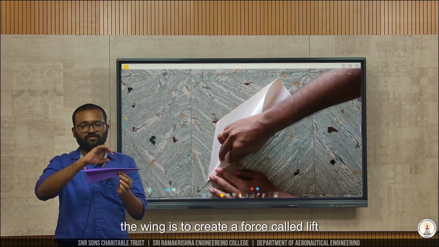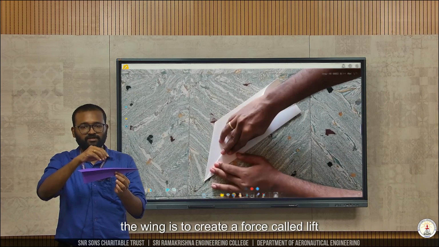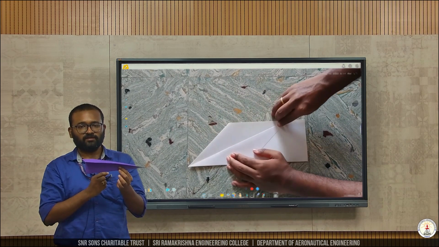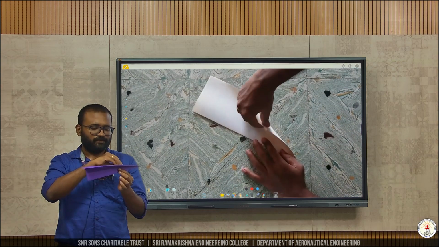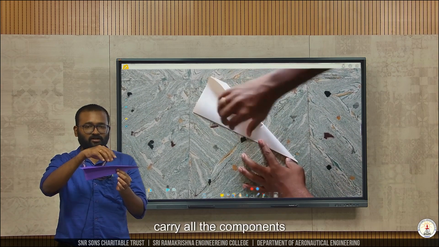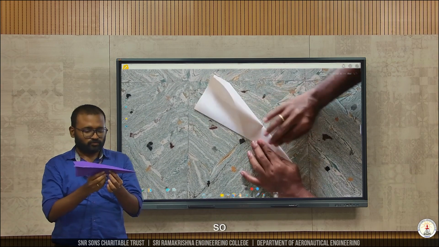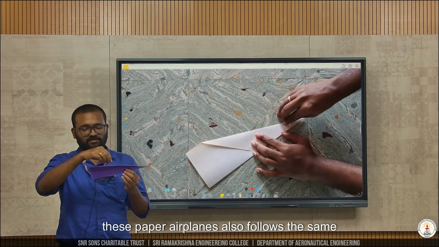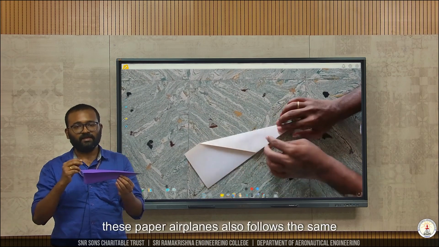The function of the wing is to create a force called lift which carries the airplane in the air, and the function of the body is to carry all the components. As in the airplane, these paper airplanes also follow the same physics.